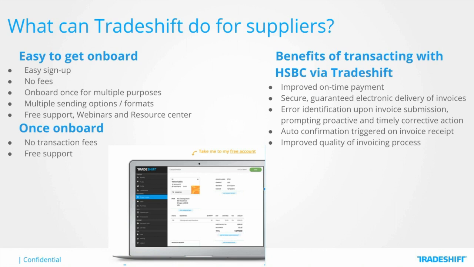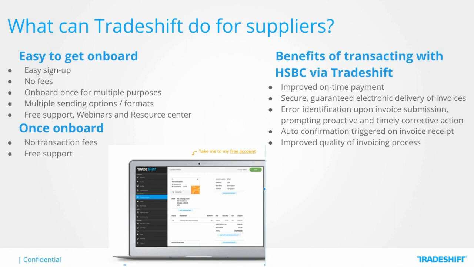There are a number of benefits of transacting with HSBC via the Tradeshift platform. You will enjoy improved on-time payments due to the reduction of exceptions because of the business validation rules that are applied at the time when you submit your documents. Documents are transmitted securely, electronically, and HSBC will send you an acknowledgement that they have been received safely.